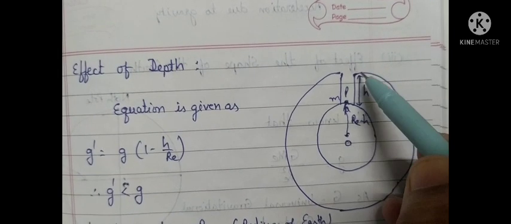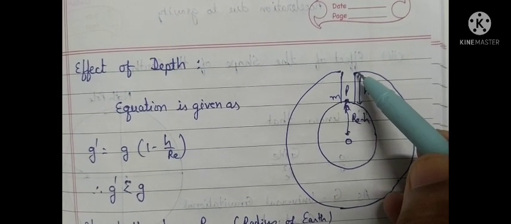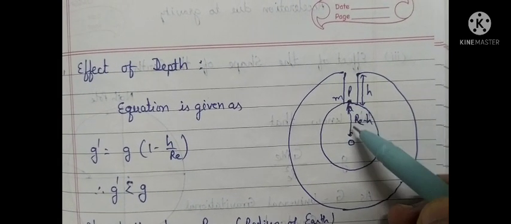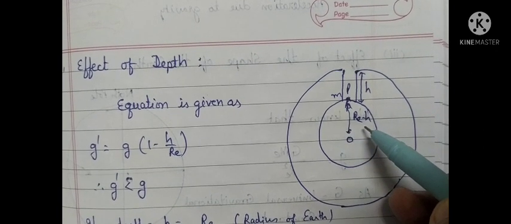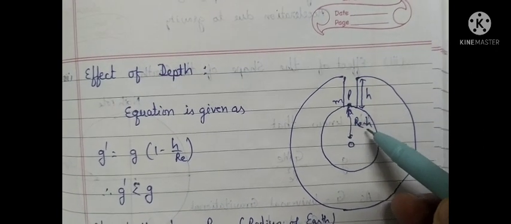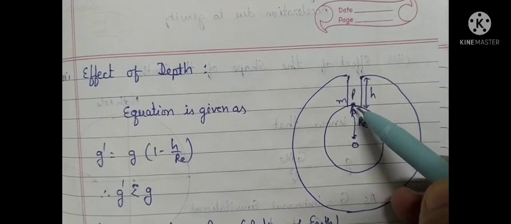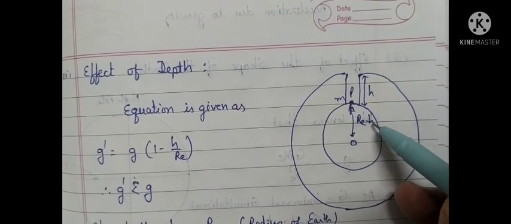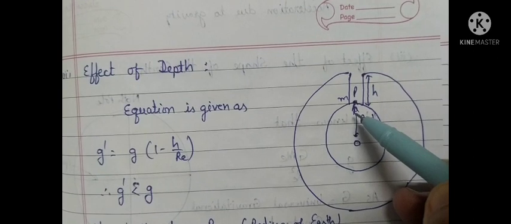So this total distance is Re. Now this is h, so this distance OP becomes Re minus h. So now the body is placed at a distance Re minus h from the center O.